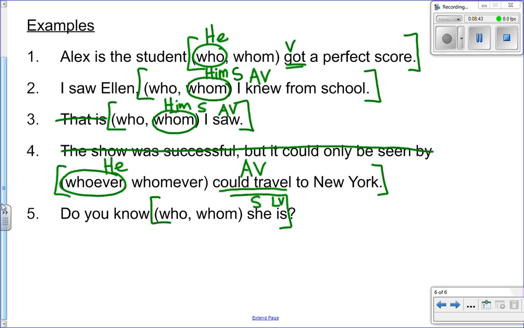So she is whom. Now in this one, it's kind of goofy. You have a linking verb, and so you're going to choose who or he, and this is going to sound so weird because first of all, you have a female pronoun for the subject of the subordinate clause, but it should be she is who instead, which sounds like she is he, but I know that's a little bit odd. But again, in the subordinate clause, the whom is functioning as a predicate nominative because it's following a linking verb, and so I would choose who.